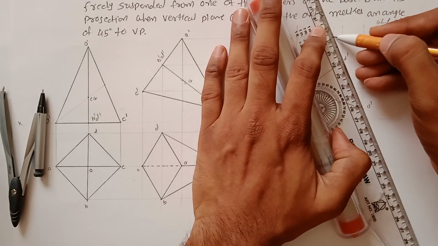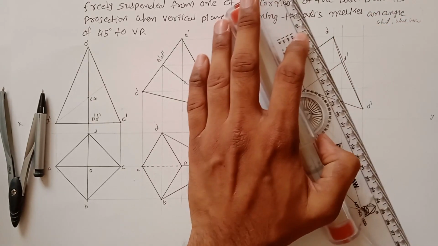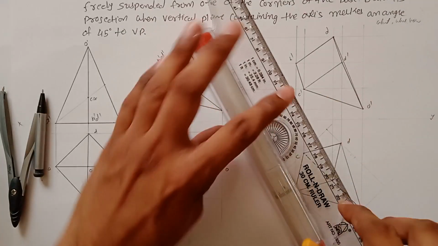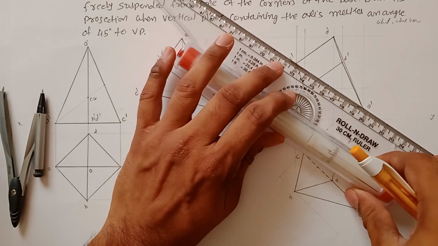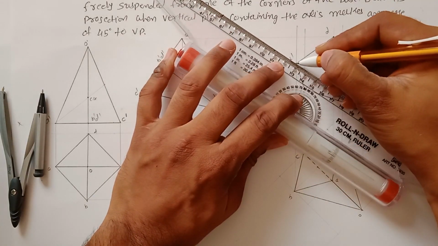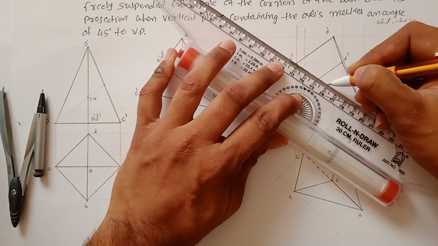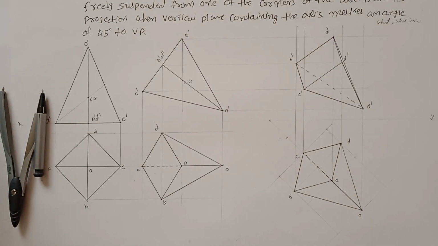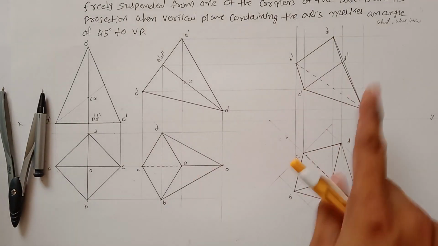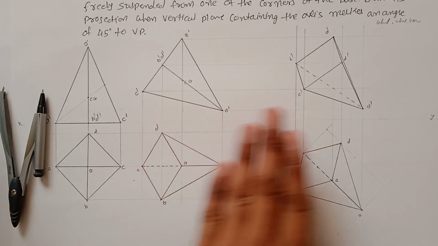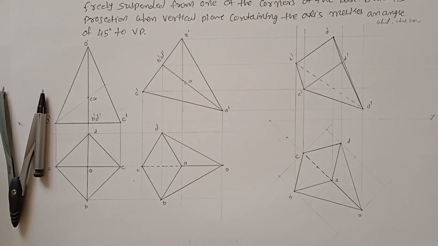This is the back side, so this is also visible because it is a little bit tilted. So this line is also visible, but this line you cannot see. So this edge is hidden. So only one line is hidden here. The rest of the corners and edges we can see. So this is your initial position and this is your final position. This is problem number 2 from projection of solid.